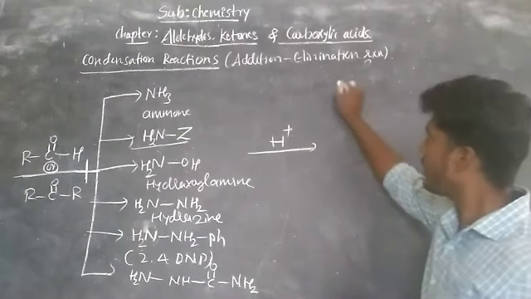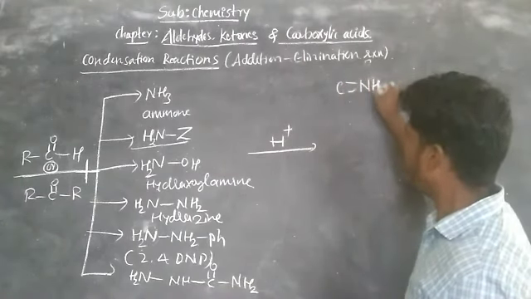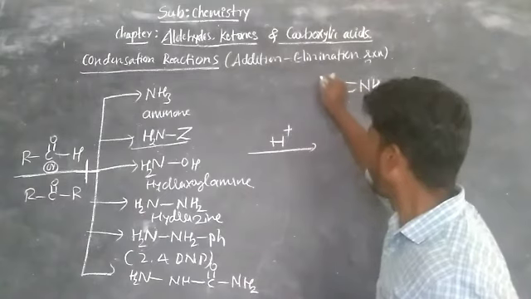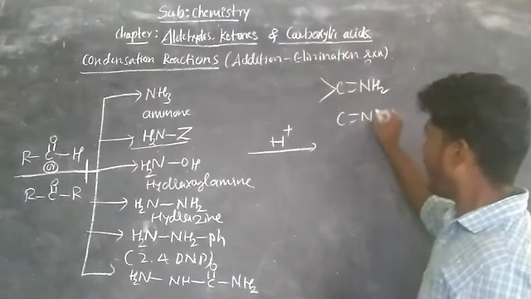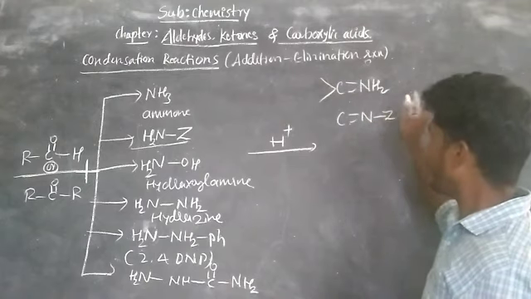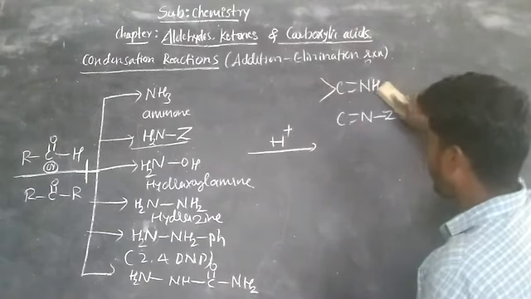So here you get C=NH, meaning in place of O, NH. And here, Z.